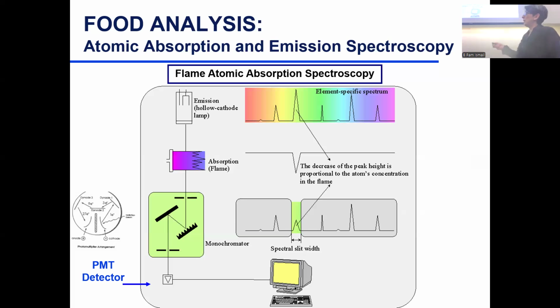That's what multiplier means. It multiplies the signal. You don't have to really know how many dynodes there are and how many times it gets multiplied, but basically it multiplies the signal so that you increase sensitivity.